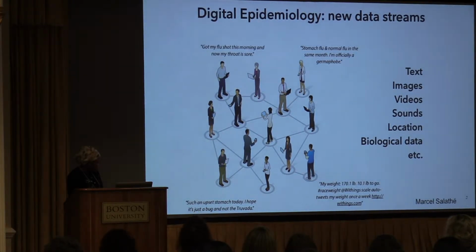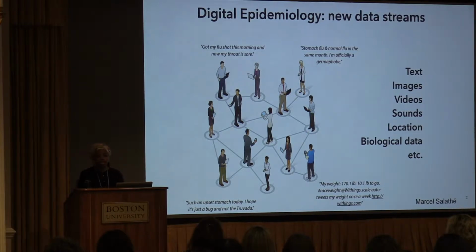Another example over here is someone talking about having an upset stomach. That could also be informational if you're trying to track a specific health condition on social media. You also have an example over there of someone talking about the flu shot. That could also be useful if you're looking at sentiment about vaccines to see how people think about vaccines and whether people are likely to take vaccines or not in different communities.